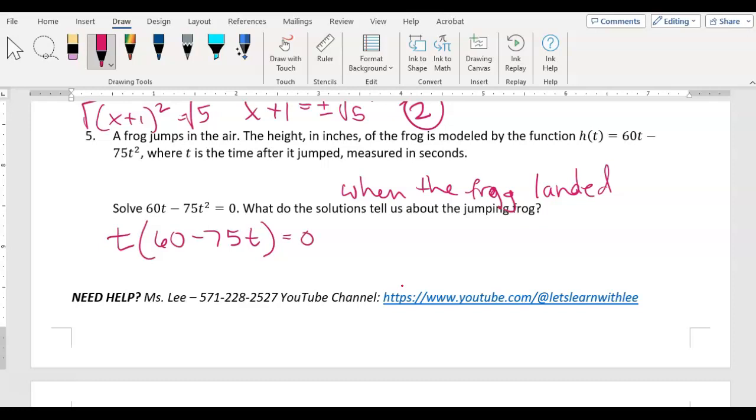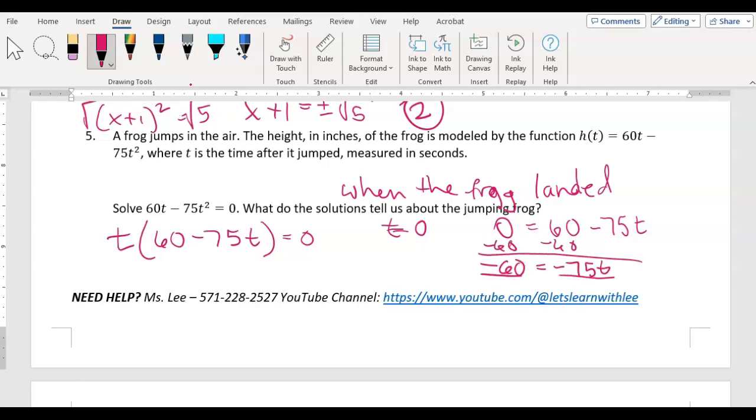This means that t can either equal 0 or 60 minus 75t can equal 0. So I can go ahead and subtract 60 from both sides here, and I will get negative 60 equals negative 75t, and then divide both sides by negative 75.